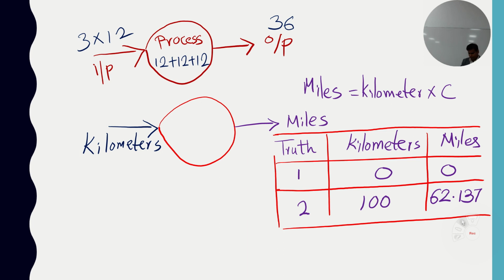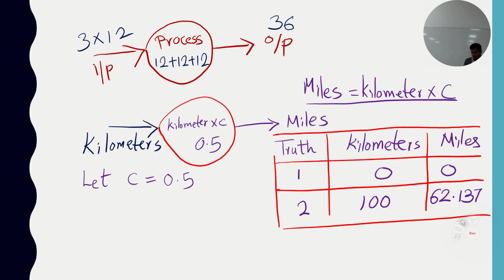We know that miles equals kilometer times C. So the process here is kilometer times C. Let us try some values here. Let's say C equals 0.5.